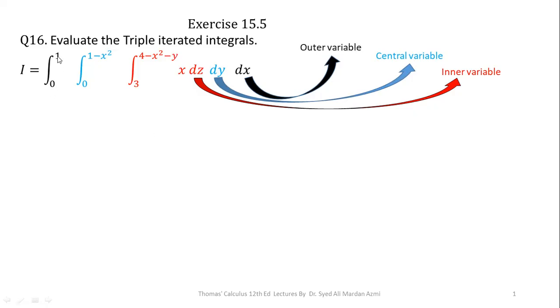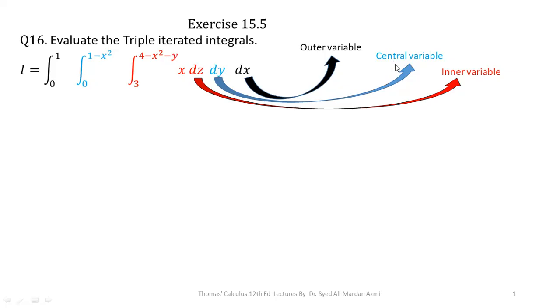are 0 to 1. In multivariable calculus, whenever you are going to solve a triple integral, you will always start your process of integration with respect to the most inner variable, and then on the outcome of integration of the inner variable, you will apply rules of integration with respect to the center variable.